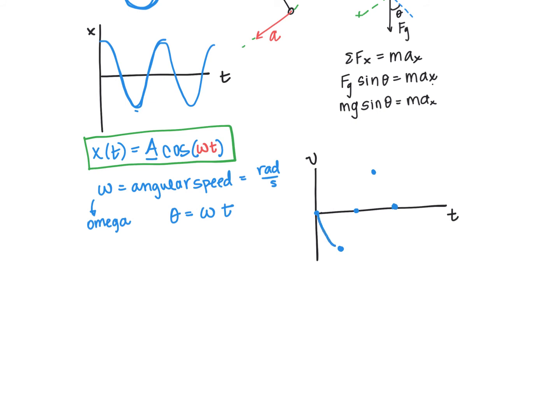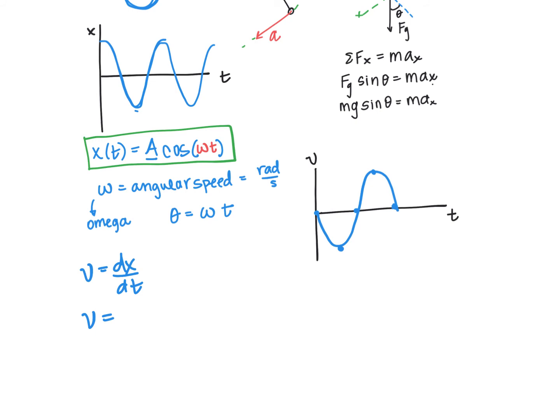And so we're beginning to see what looks like a negative sine curve. If I remember, the velocity is the derivative of our position function, which is a cosine omega t.